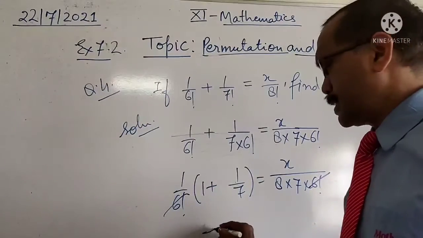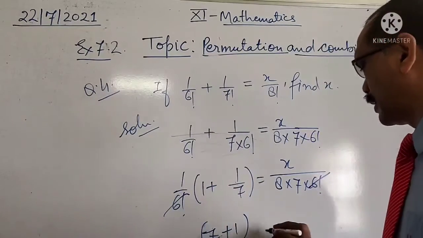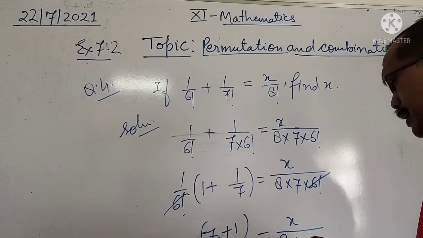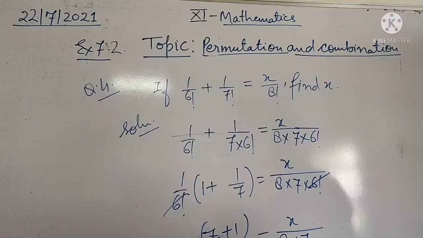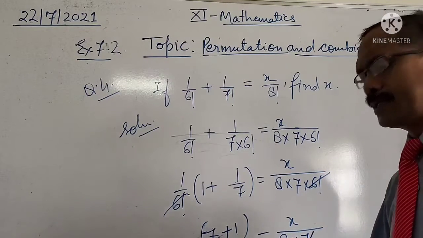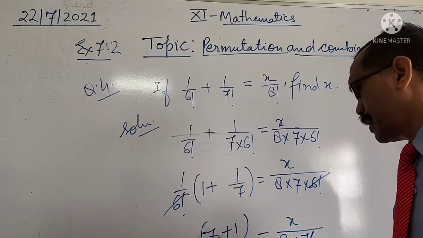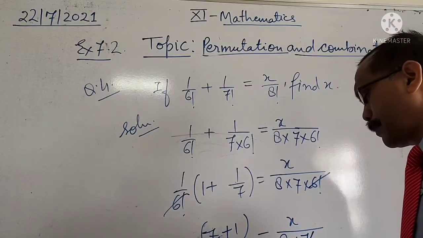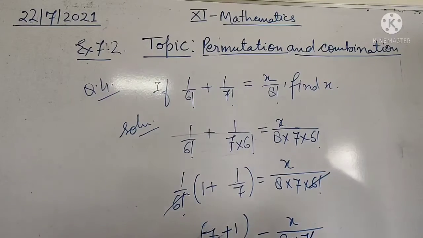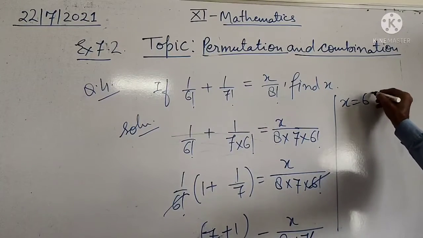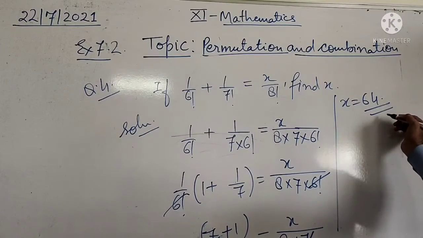It is 7 plus 1 is equal to x upon 8 into 7. 7 and 7 cancel. 7 plus 1 is 8, equal to x upon 8. From this we will get 8 eights are 64. So value of x is 64.